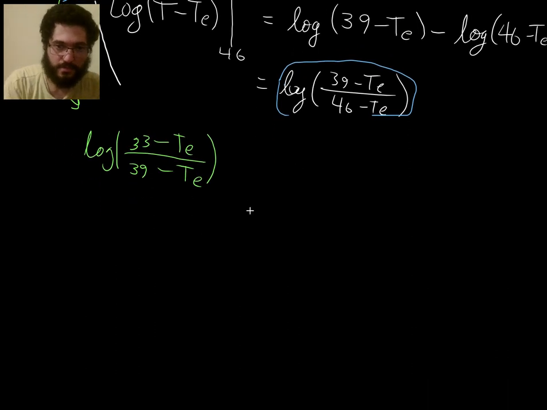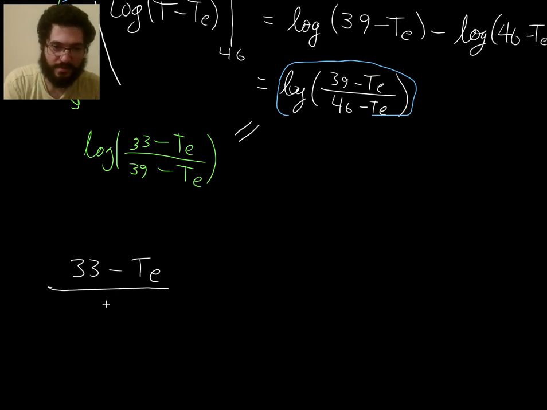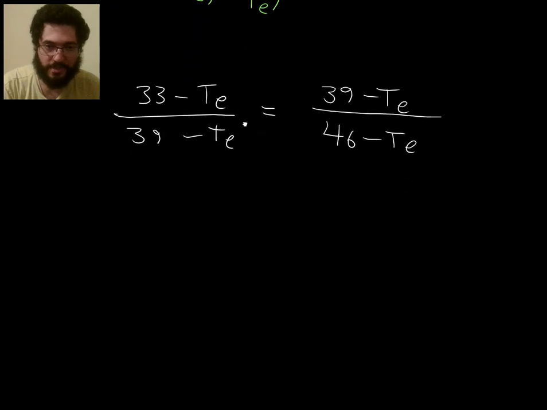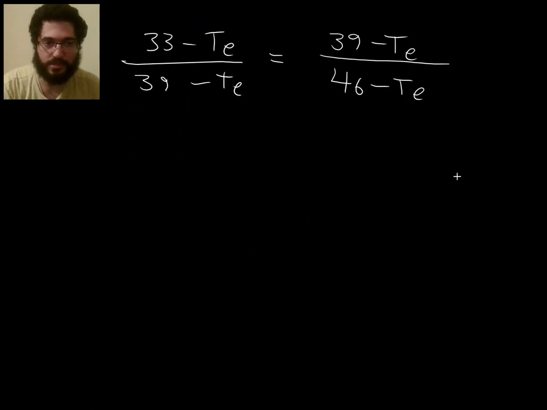Now we've ended up with this equality. Now exponentiate both sides. That gets rid of the log. So I have this equation now with only one unknown, T sub e. So I should be able to solve this. It's one equation with one unknown.